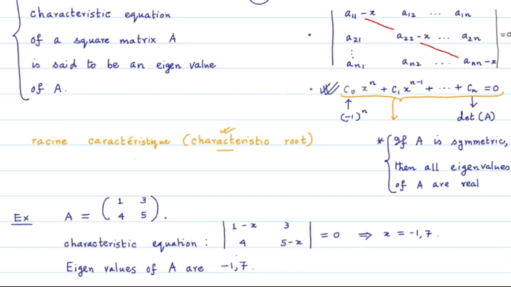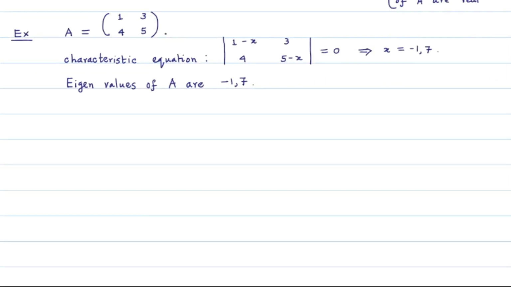If, however, we would have considered the matrix capital A is equal to, say, the matrix 0 -1 1 0, then we can simply notice that the eigenvalues of capital A are both purely imaginary numbers, iota and minus iota.